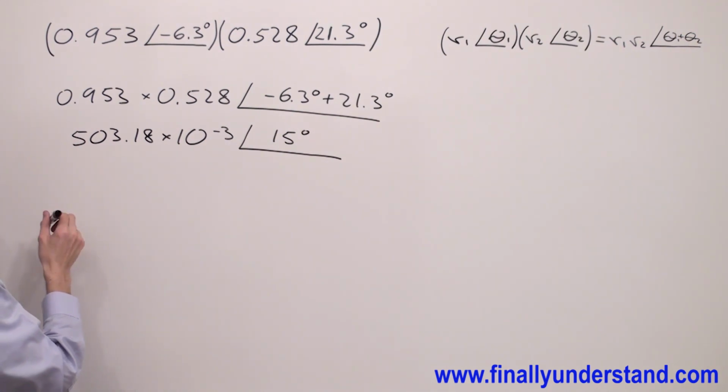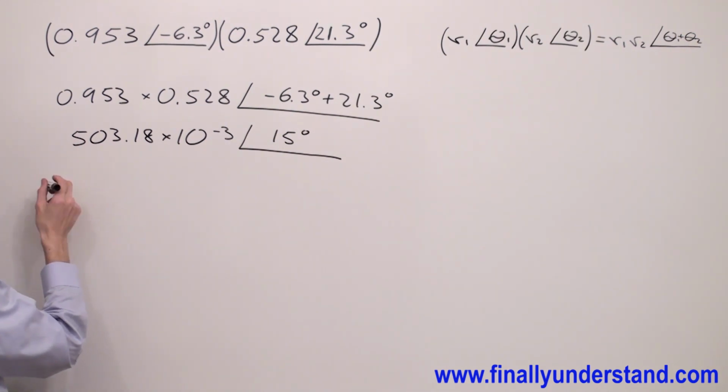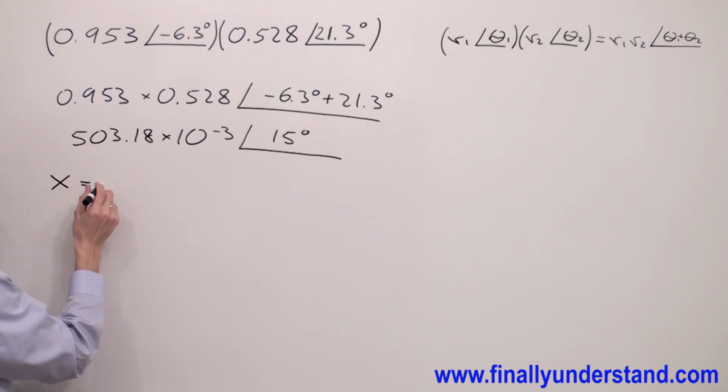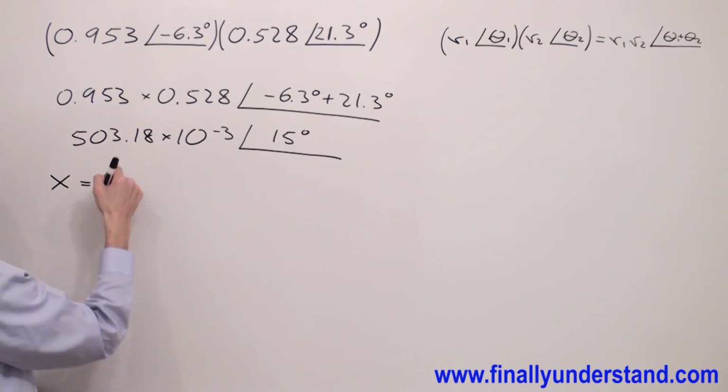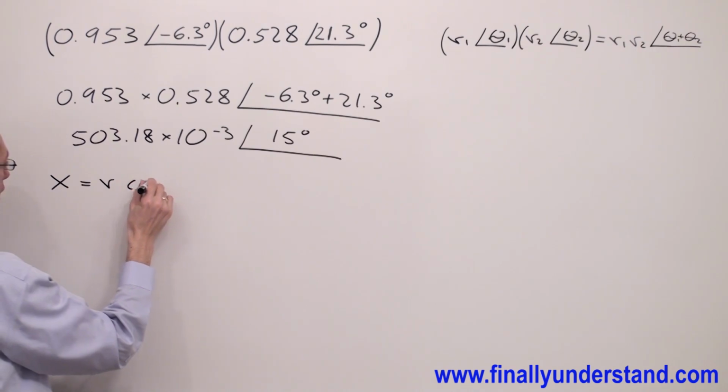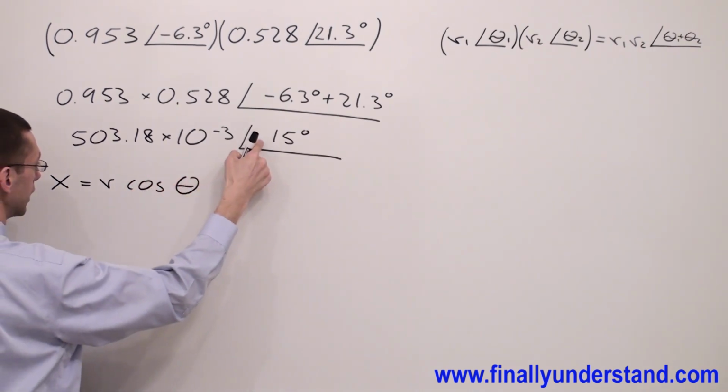So what we're supposed to do? We're supposed to remember that anytime you want to find the real part, x, you're supposed to simply multiply the magnitude of this phasor times cosine of this angle.